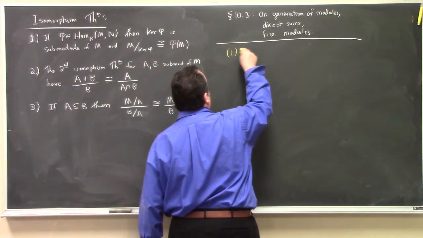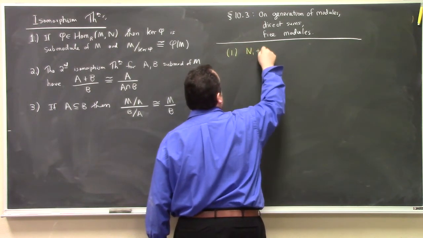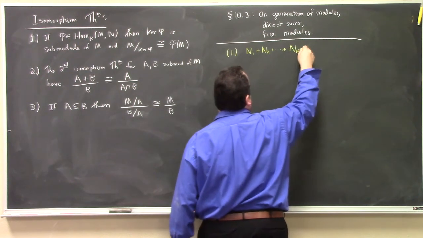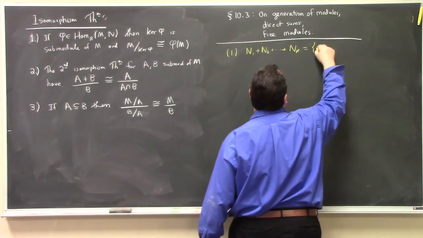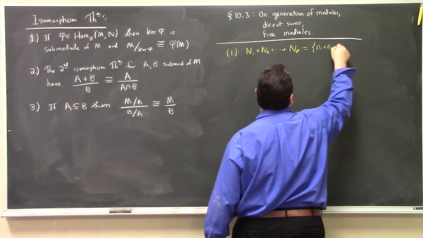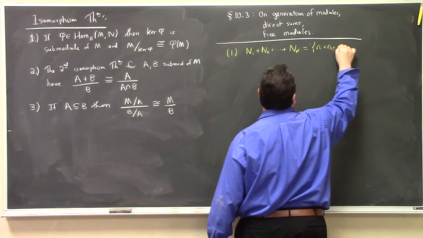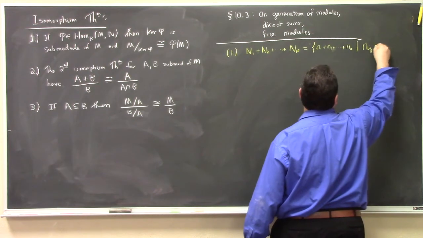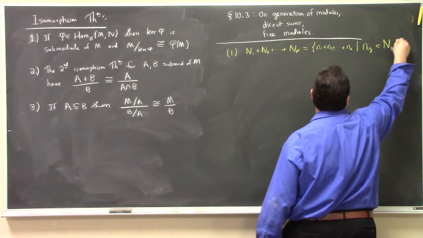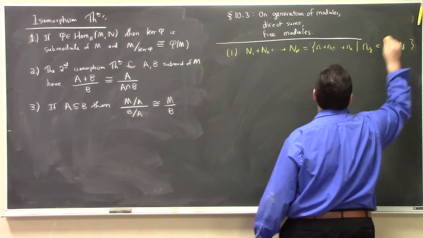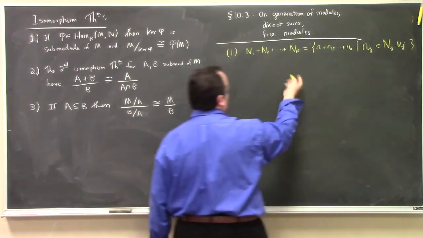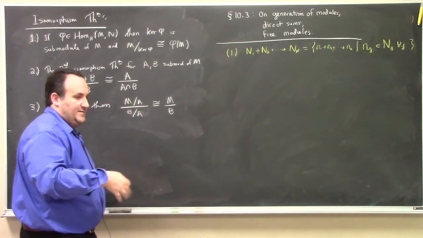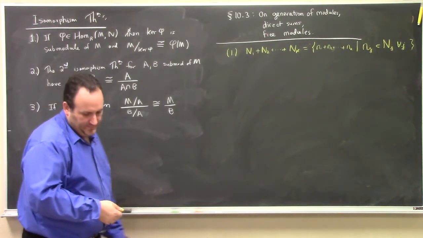If you have N1 plus N2 plus ... plus NK, so that if N1 through NK are submodules of M, that defines the sum of those modules.